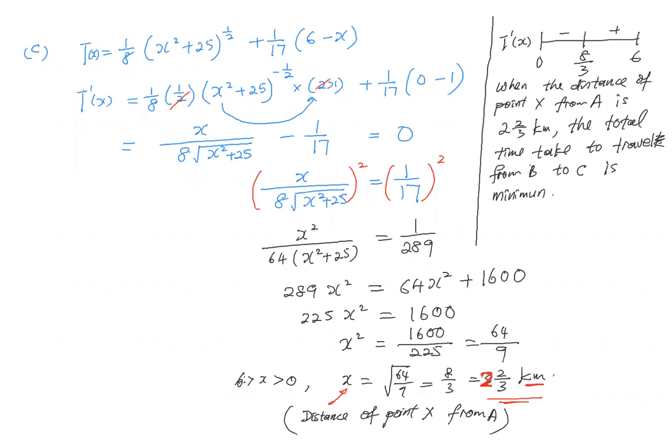Or I can also phrase it in another way, that the shortest time taken to travel from B to C happens when X is 2 over 3 kilometer from A. So it's up to you which one you want to say first. So that is called the significance of it.